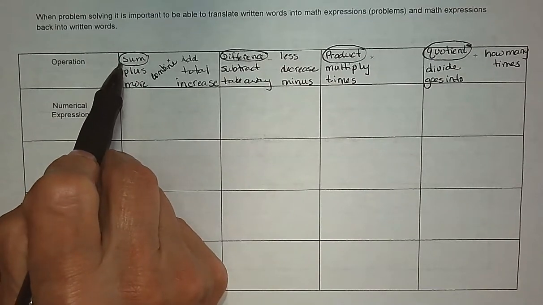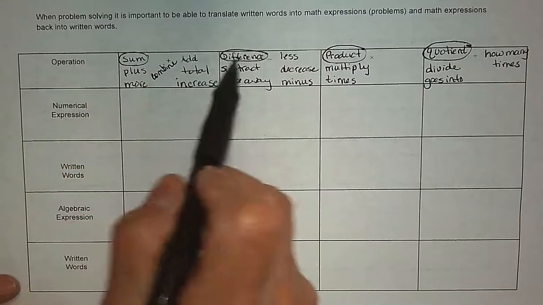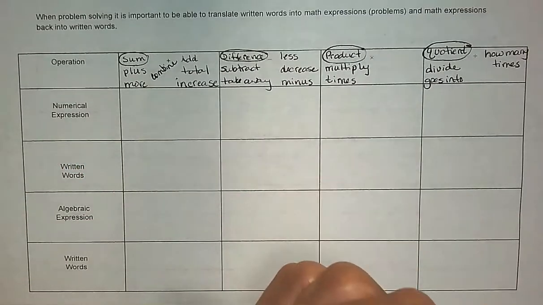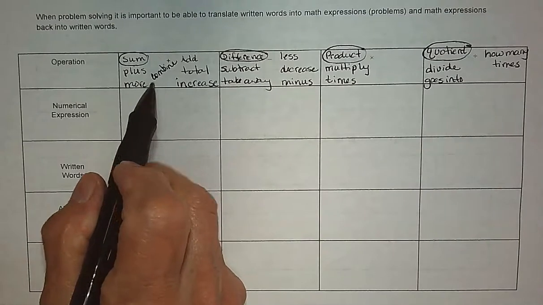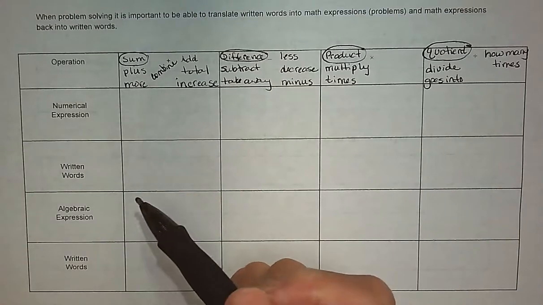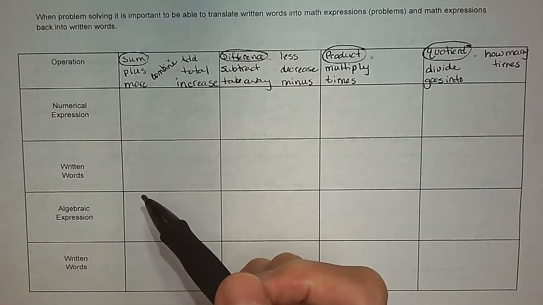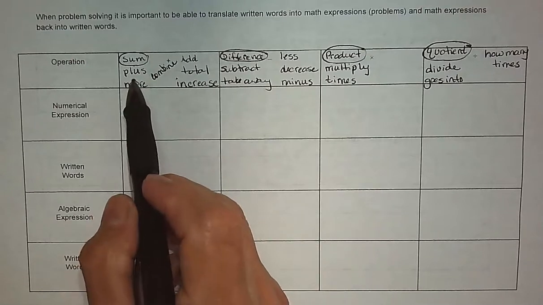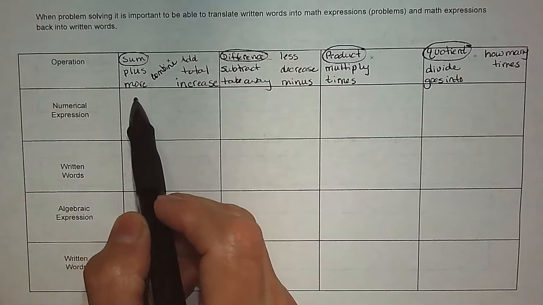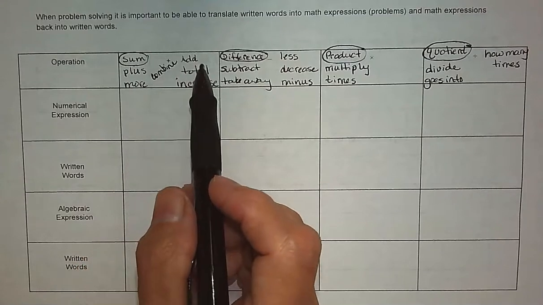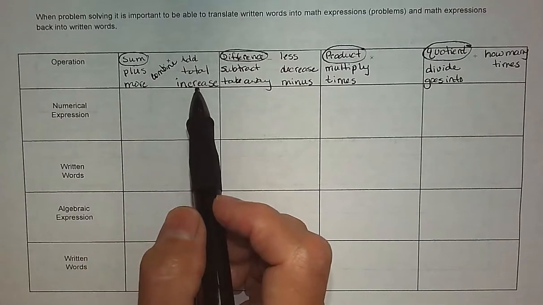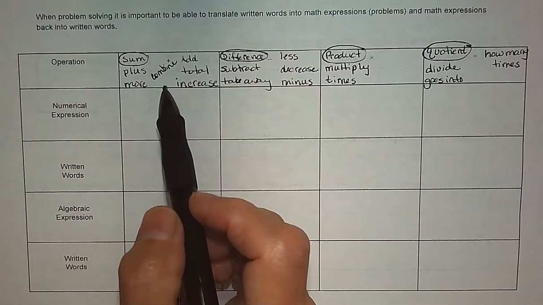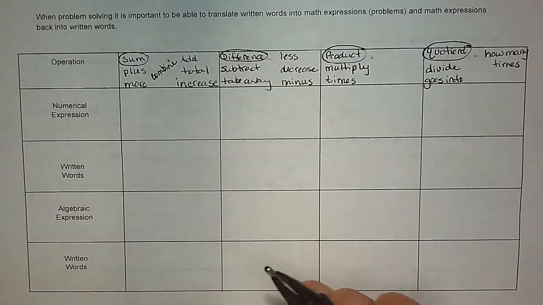It's really important that you learn these kind of words that I've circled because you'll see those a lot. For an addition problem, our answer will be called a sum. But other words that you might see that would also indicate that you have an addition problem would be words like plus, more or more than, combine, add, total, increase or increase by. Another one that I didn't write down would be altogether.